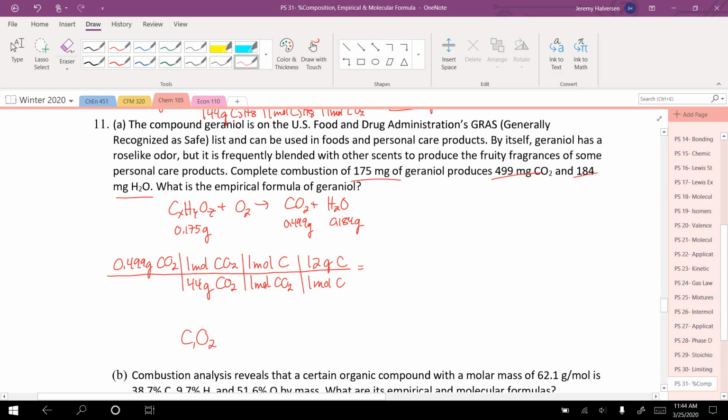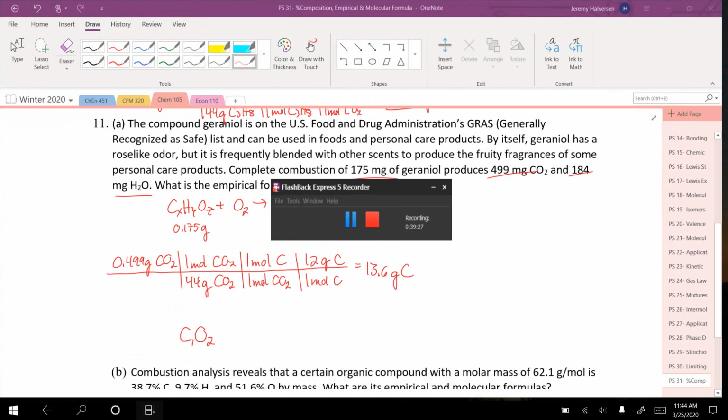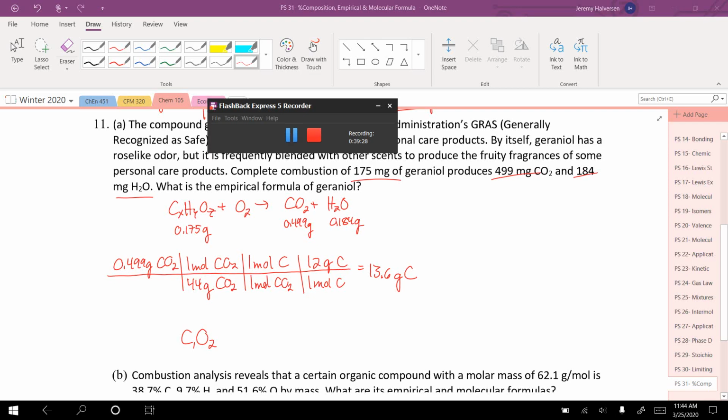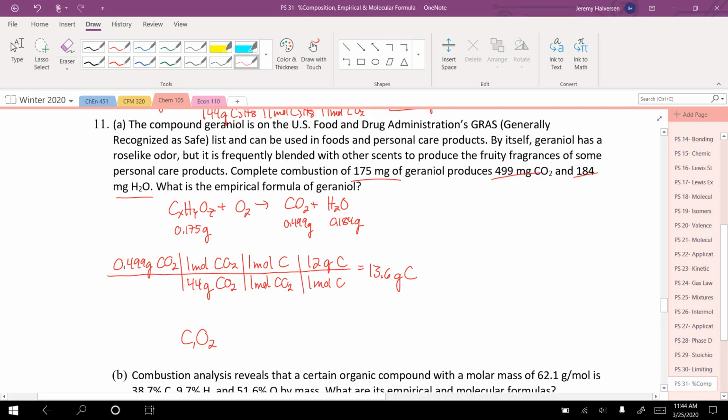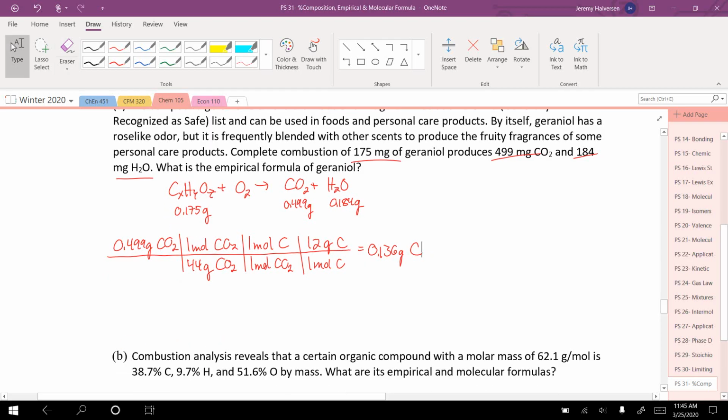So now I found that in that CO2, after I completely burned my stuff, I got, sorry, not 13.6, 0.136 grams of carbon. Well, now I know that this starting compound had 0.136 grams of carbon in it.